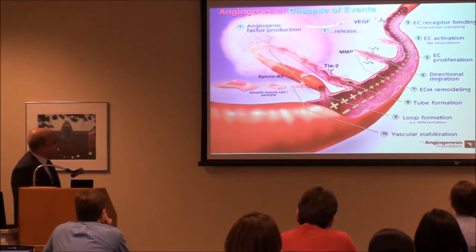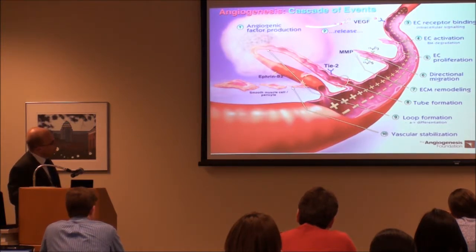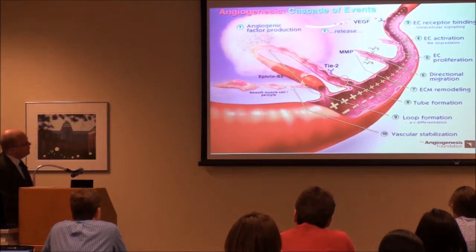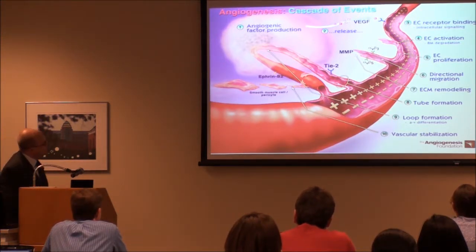Those angiogenic factors, for example VEGF, the vascular endothelial growth factor, start the activation of endothelial cells. Those endothelial cells migrate and form tubules, small vessels, and then they mature, and we have additional vessels which provide blood to the tumor, or can circumvent the hypoxic areas.